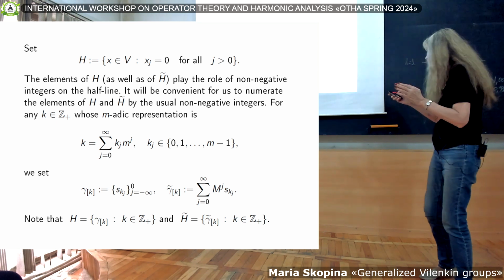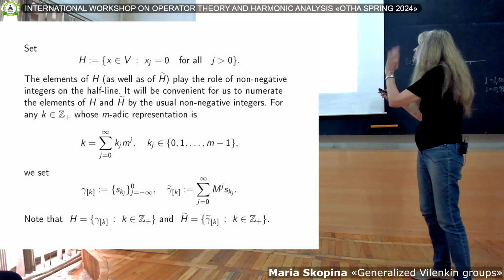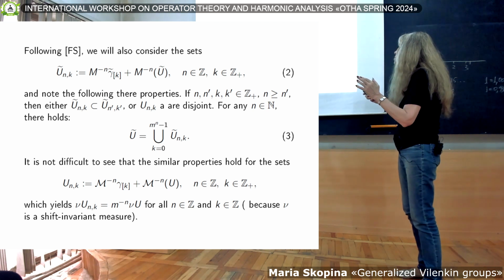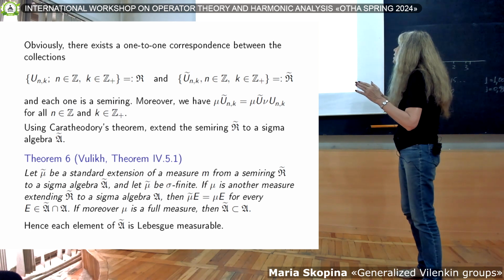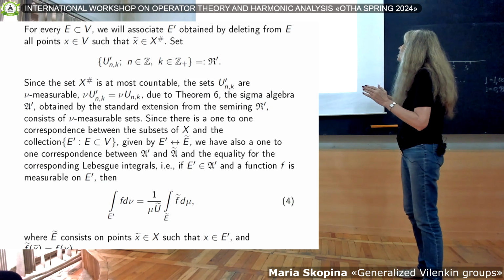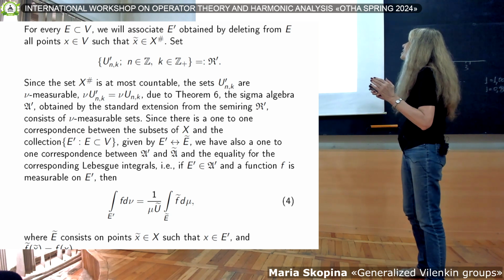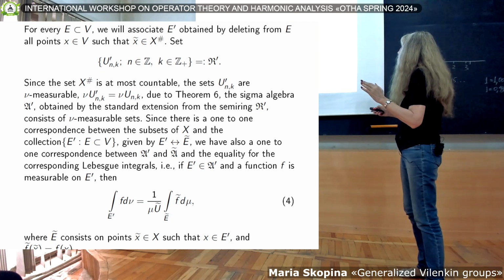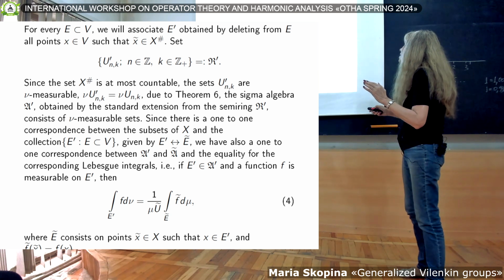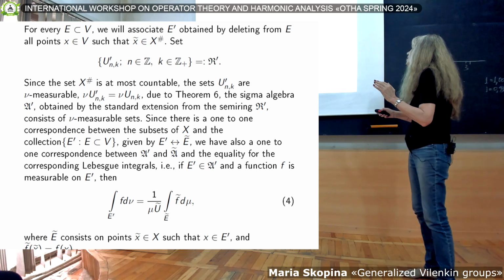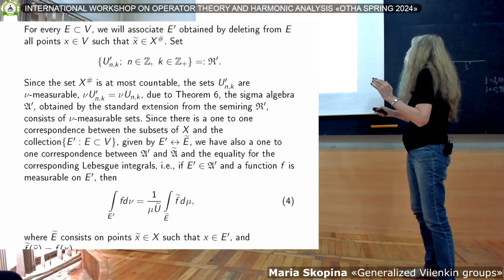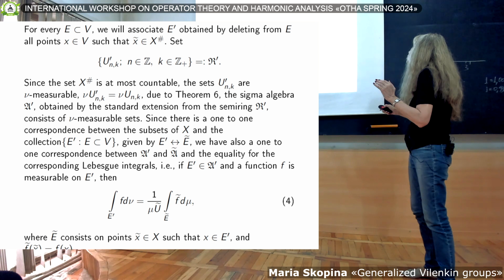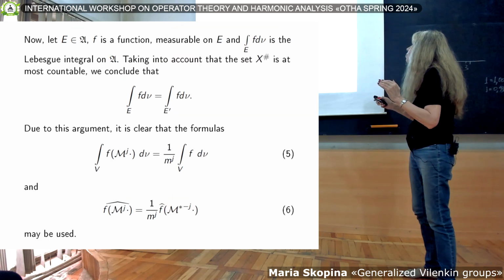I thought, okay, I will finish, sorry. Then we organize a one-to-one pointwise correspondence, and it is clear that all integrals in x tilde will be the same as integrals in our Vilenkin group, but here the Haar measure nu and here the usual measure mu, and we can just copy some results.